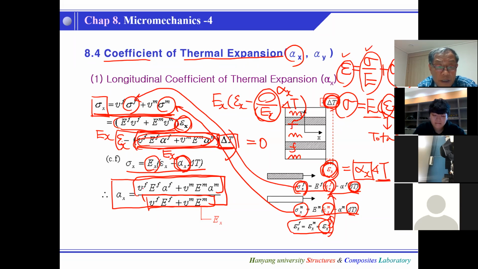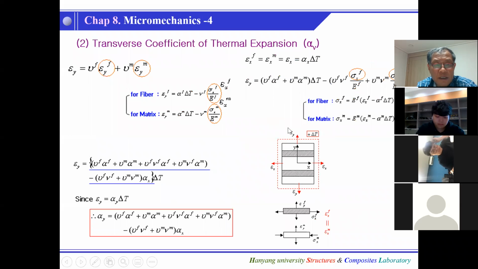As you can see here, we have the CTE of the fiber, the CTE of the matrix, together with the Poisson's ratio, Young's modulus here, and the fiber volume fraction. So this is the equation. This is the CTE in the fiber direction.